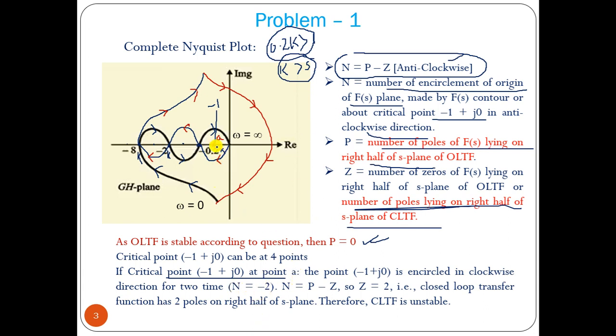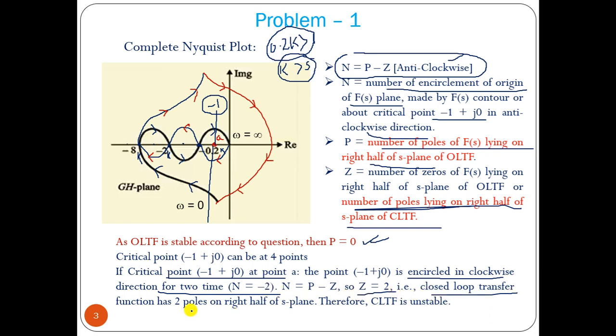Now in this particular point, if you draw a line, this is your clockwise direction, this is also clockwise direction. So if it is the minus 1 plus j0 point, it encircles the critical point 2 times in clockwise direction. So N equal to minus 2, P equal to 0, Z is equal to 2.